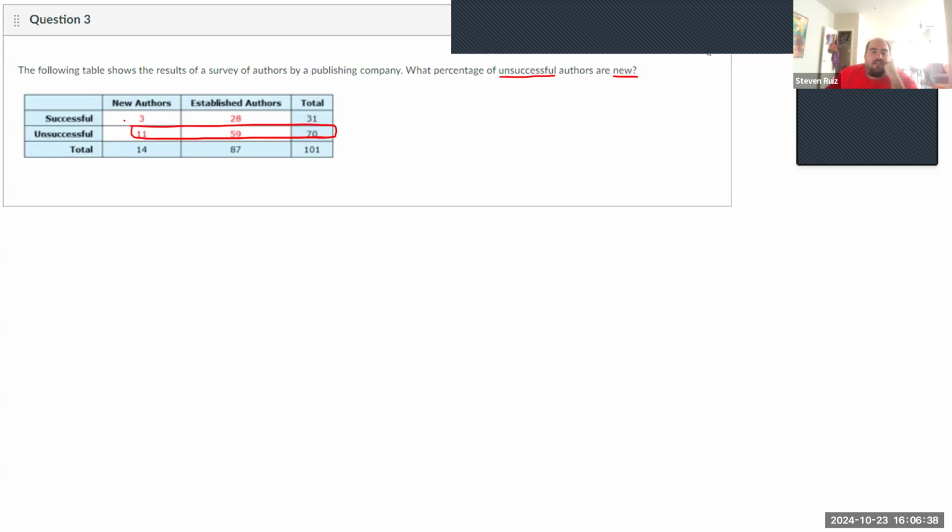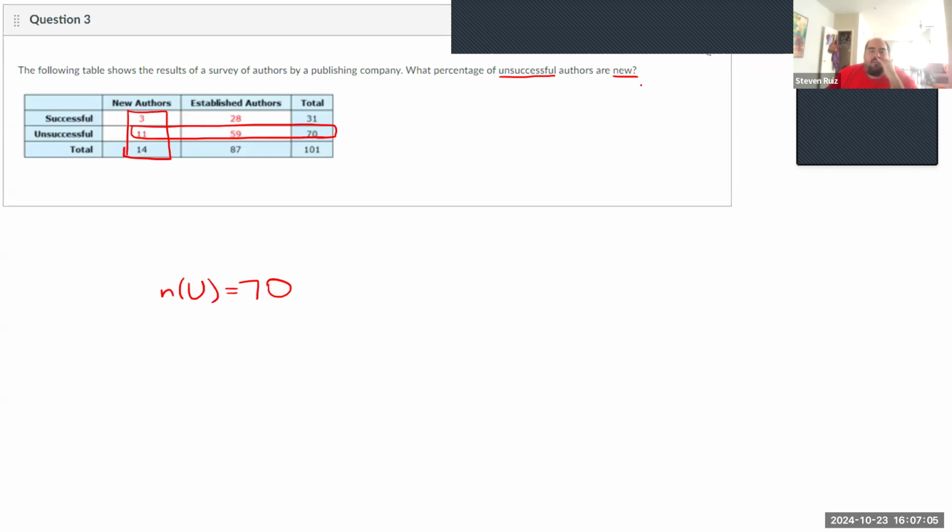The new authors are in this column. So what probability am I really looking for here? What percentage of unsuccessful authors? I think I care about the number of unsuccessful authors, and that is 70.